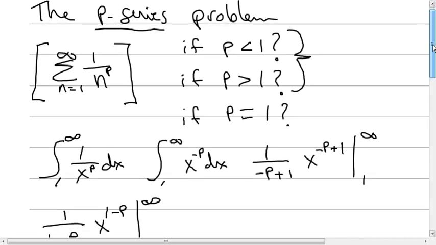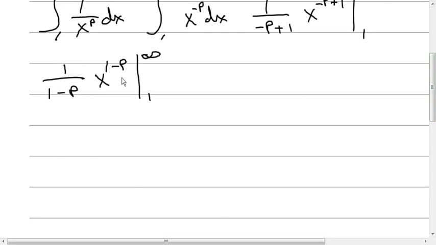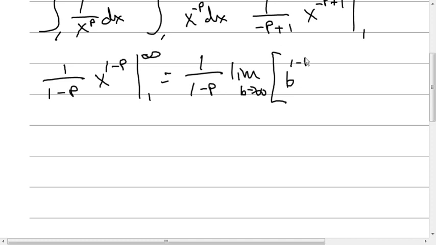Back to our equation, a slightly better way to say this would be 1 over 1 minus p times the limit, as b goes to infinity, of b to the 1 minus p, minus, when we plug in the 1 here, we get just 1.